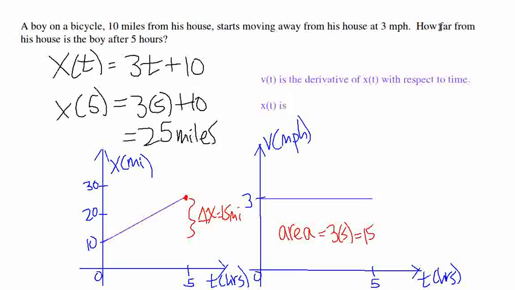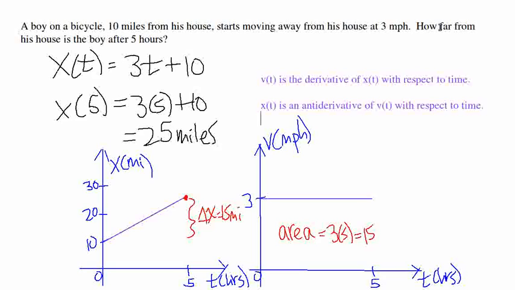x of t is an antiderivative of v of t with respect to time. So this is how we're bringing antiderivatives into the picture. Okay?